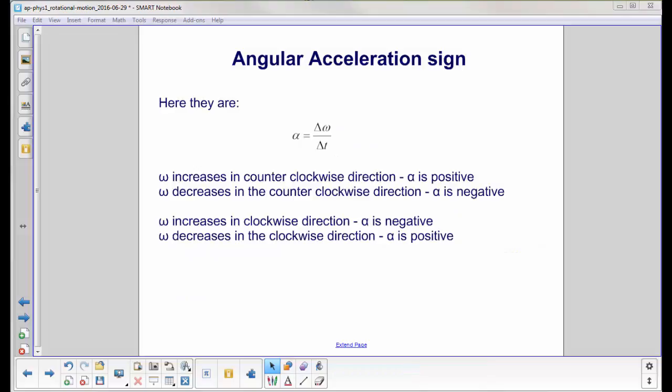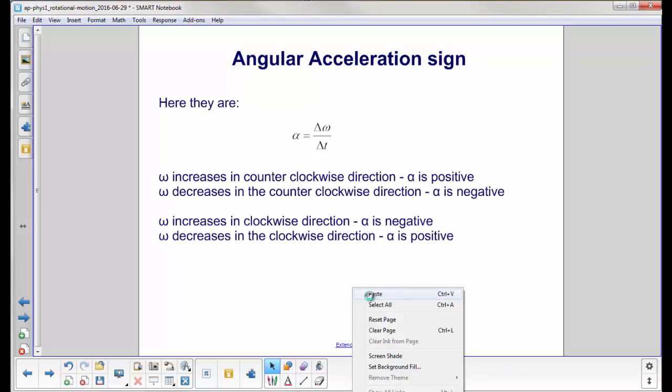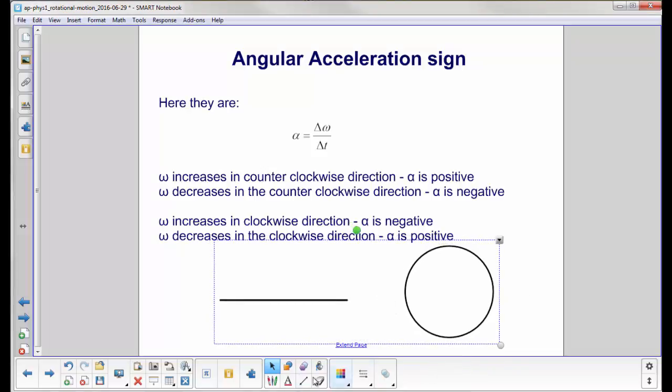Here are the four cases, and we're using the definition of alpha as the change in angular velocity over time. Let's put a little picture here to help us figure this out. We'll start with the linear. So if I'm here on a line, we typically say to the right is positive, to the left is negative.